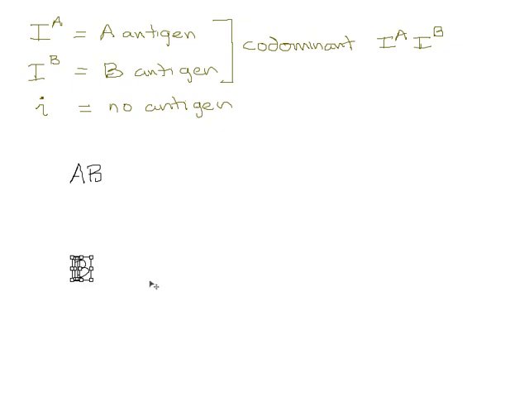I'll put the A there, and then I'll put the B, and then I'll put the O. The only way to be type AB is to have the A antigen and the B antigen. So if your blood type is AB, we can tell you exactly what your genotype is. It's this. It's the only way it can possibly happen.